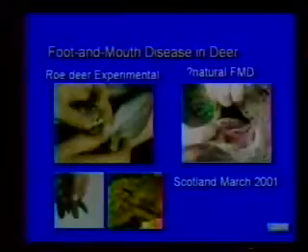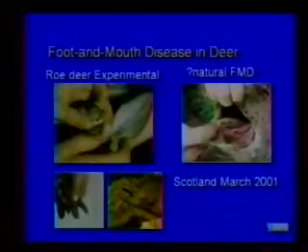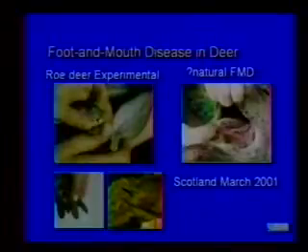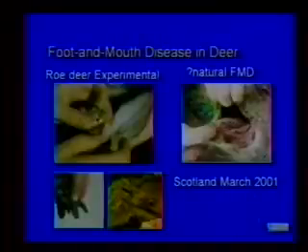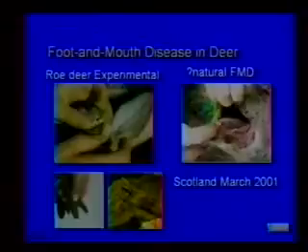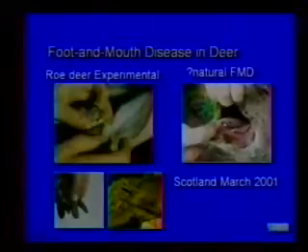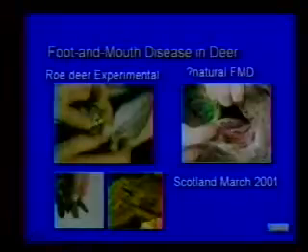I also mentioned earlier to you that foot and mouth disease can infect wildlife species. In Britain, there was concern initially that roe deer were infected with foot and mouth disease, as you can see here on the right-hand side. This is a photograph taken of a roe deer with what looks like vesicular lesions on the tongue, taken some few days after clearly the animal had died naturally. And this on the left here is experimental disease.